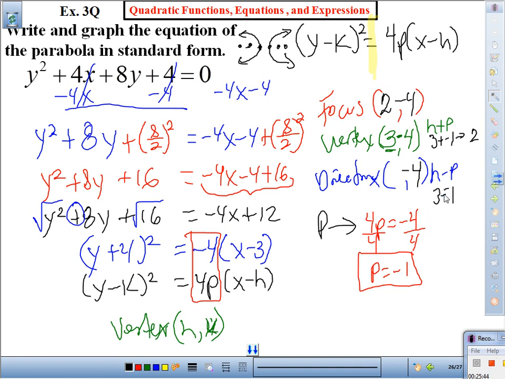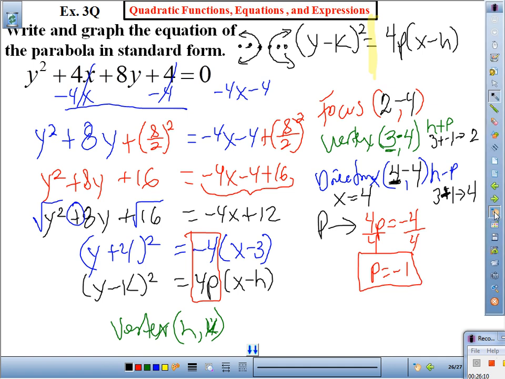What is negative times a negative? Positive. So this is 4, and that goes right there. So this was the last number that I wrote. This is the x value of the directrix. So what does that tell us? That our directrix line goes through x equals 4. Some of you are like, what's here, Mr. Q? Negative times a negative became a positive.